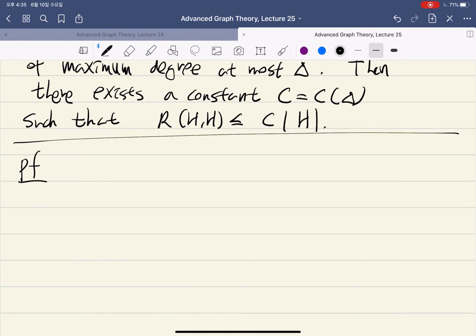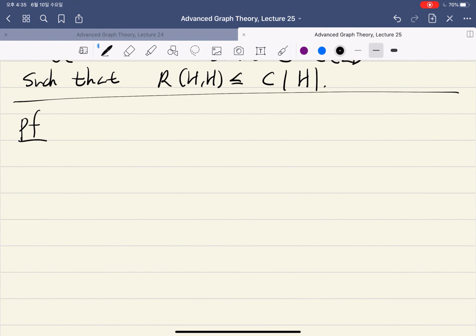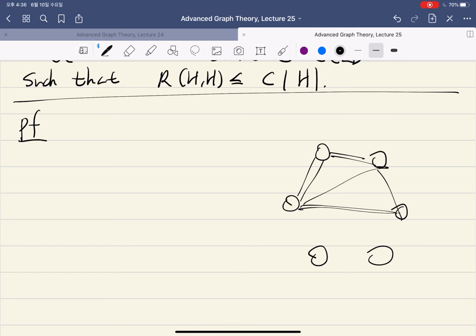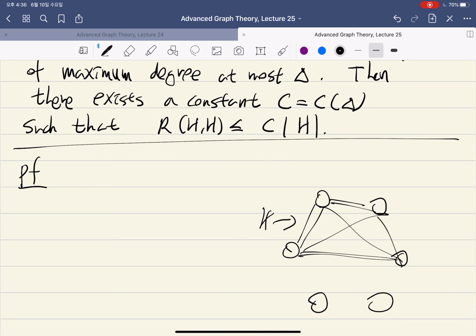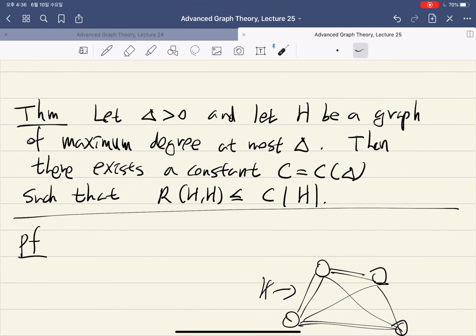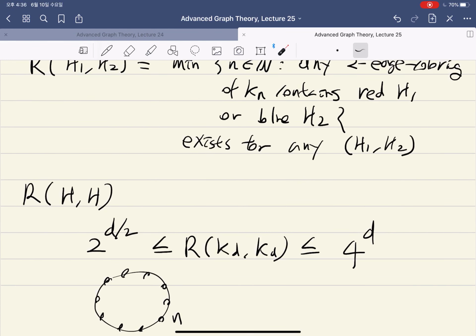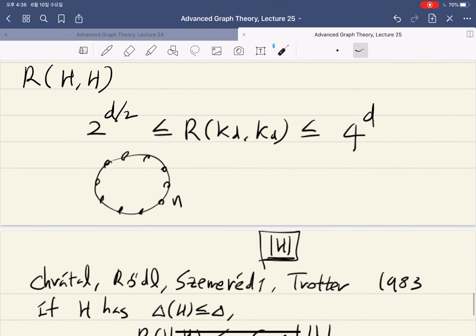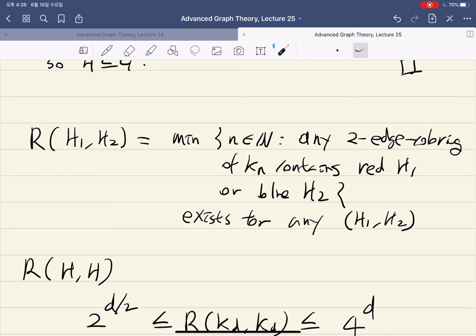So how do we prove it? As before, we want to apply the regularity lemma, and then we get this regularity partition. And we want to find certain parts which are again complete in the reduced graph, and then we want to embed H into here. So that's roughly our plan. But to what graph do we apply the regularity lemma? So here, what we do is we take the complete graph and then we consider the coloring. We consider the graph which uses only the red color.